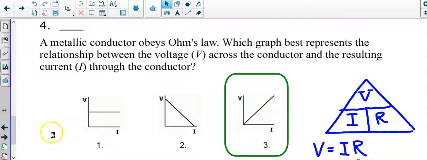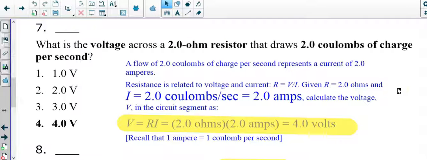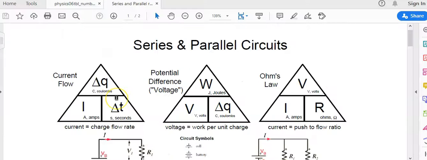Okay, let's take a look at another one. Here in problem 7: what is the voltage across a 2 ohm resistor that draws 2 coulombs of charge per second? When I see a 2 ohm resistor, I know I'm dealing with the letter R for resistance. But when I see 2 coulombs of charge per second, I'm thinking of the flow rate of charge in the current flow triangle, Q divided by T. So that's a current value.